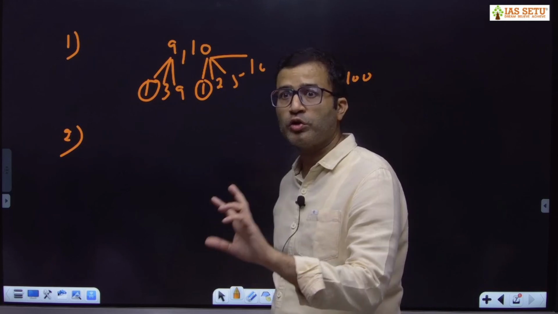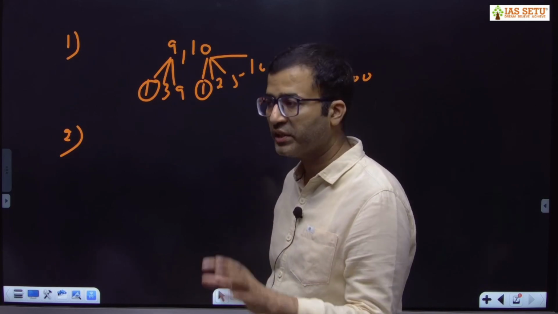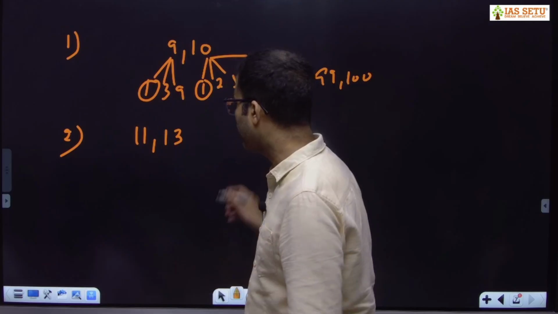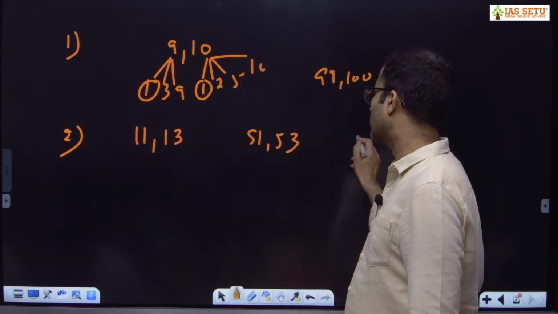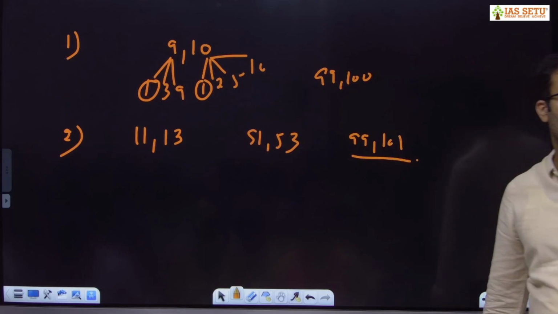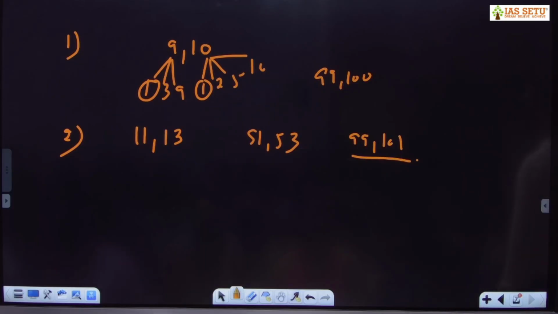Mind the word odd, not even. Even तो कभी होते भी नहीं है. Odd numbers like 11 and 13, 51 and 53, 99 and 101. Okay. So you check any two consecutive odd numbers. These are also co-prime to each other. 9 and 11. कुछ भी check कर लेना. Two consecutive odd numbers are always co-prime to each other.